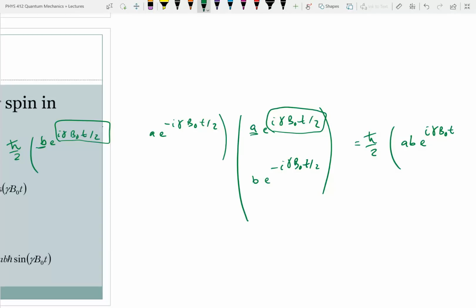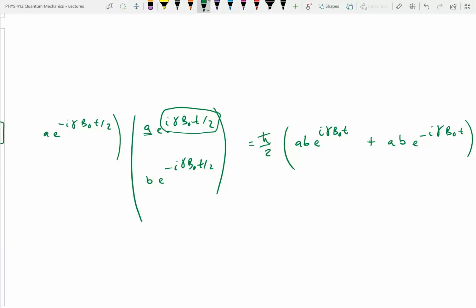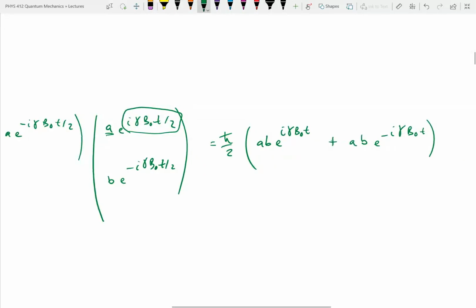And so I have that for my first term, and then my second term will be that. Once again, they both have a minus exponent, so that's why it's minus. Or h bar over 2 ab times e to the i gamma B0 t plus e to the minus i gamma B0 t. That's 2 cosine of gamma B0 t.